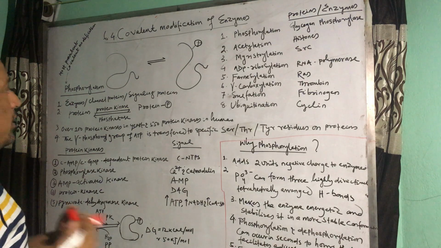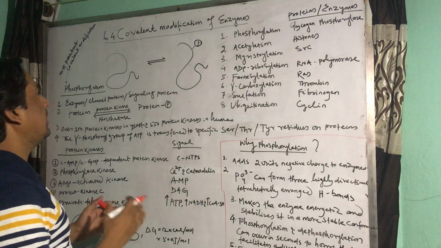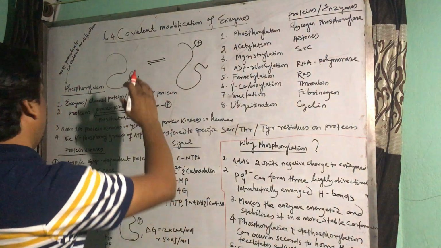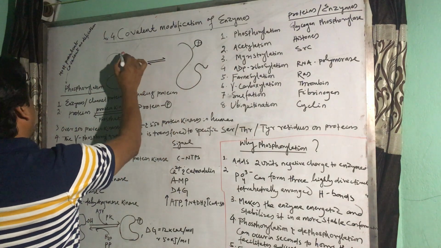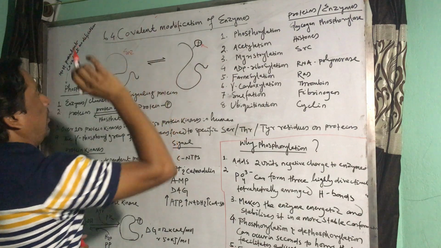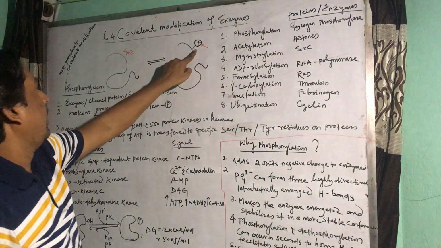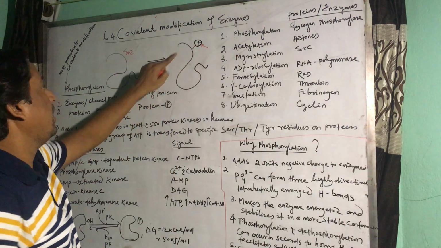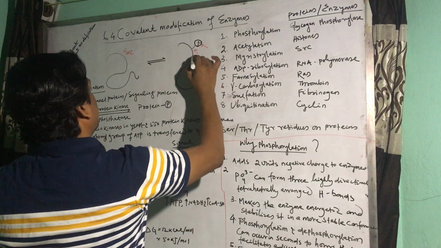Enzymes, like many other proteins, can be covalently modified. For example, this is an enzyme. This enzyme can have a group added by a covalent bond. This bond is covalent.